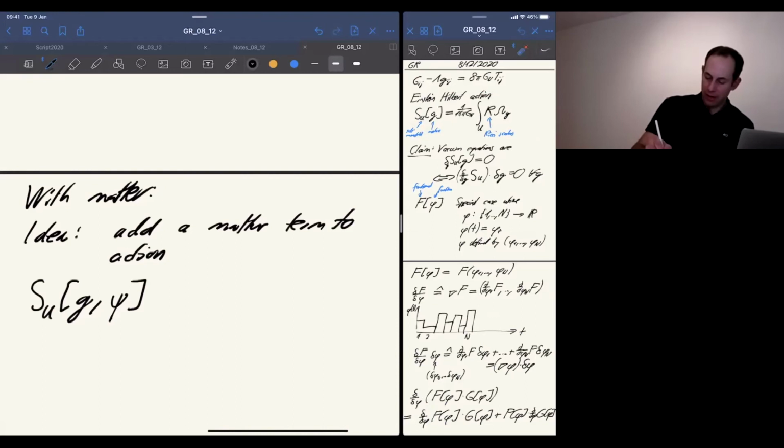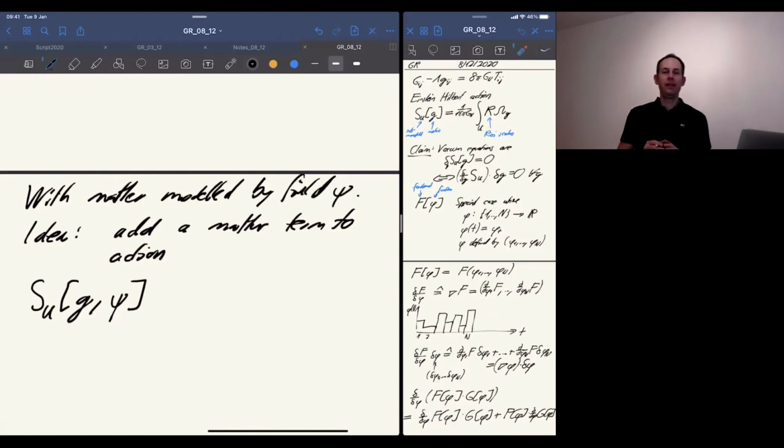So let's maybe say with matter given or modeled by a field psi. Now this psi can, for example, be the electromagnetic field.